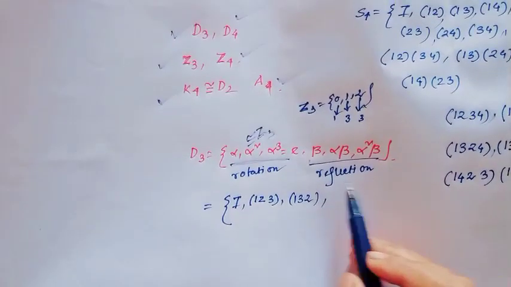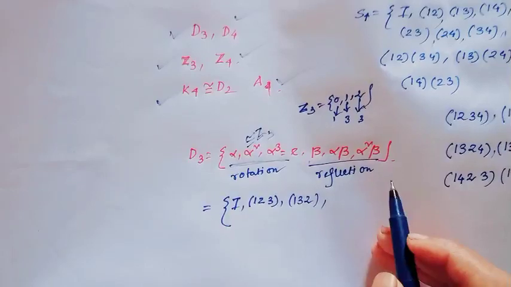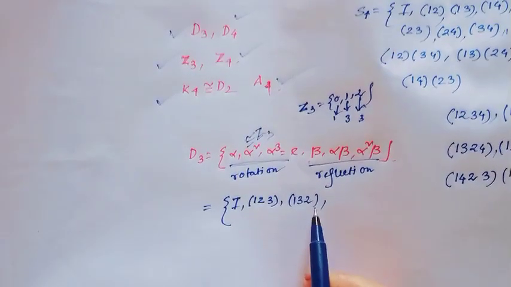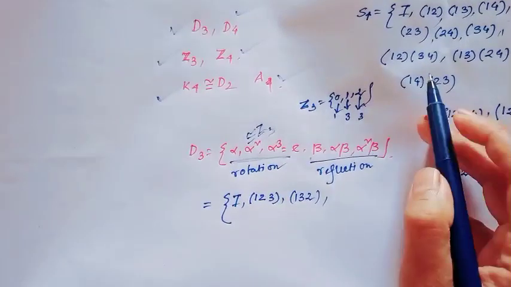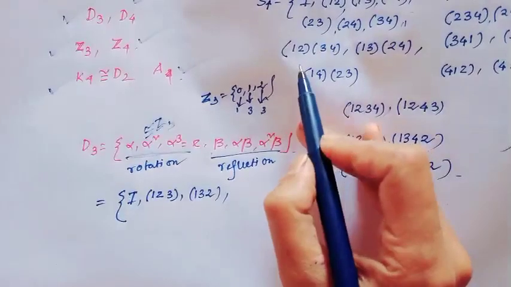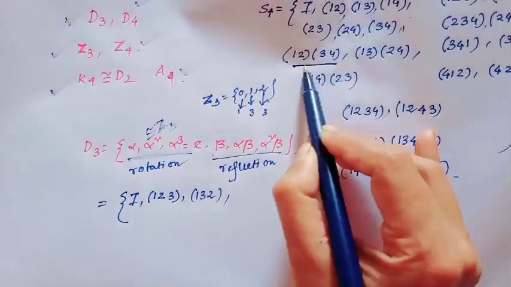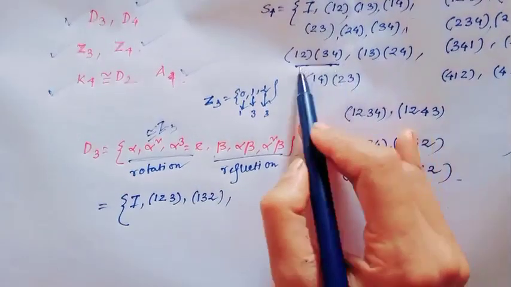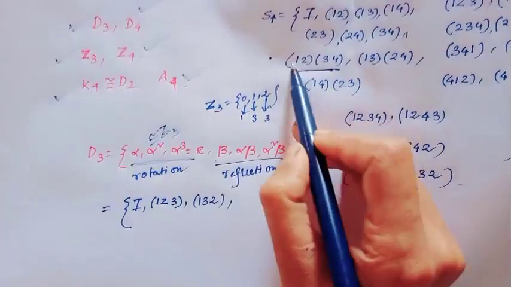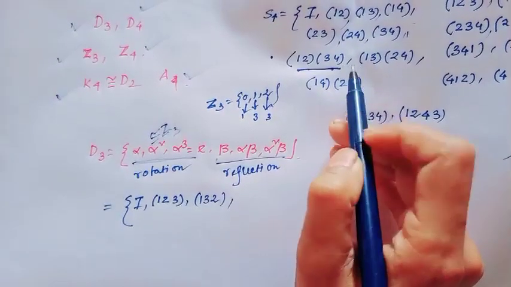We all know the order of a reflection here is 2. So since we have (1 2 3) and (1 3 2), the reflection element would be, consider this type of element, here (1 2 3 4). I cannot choose this element because it contains 4.